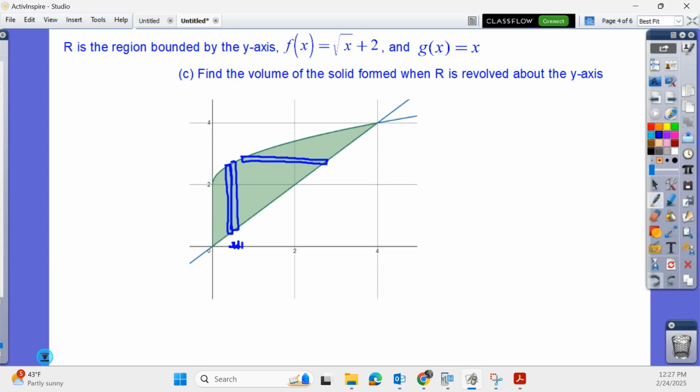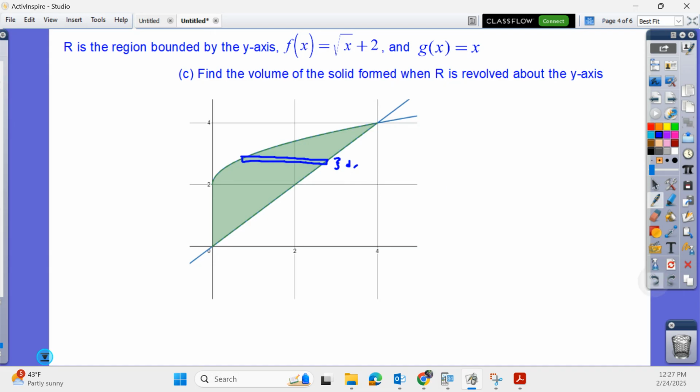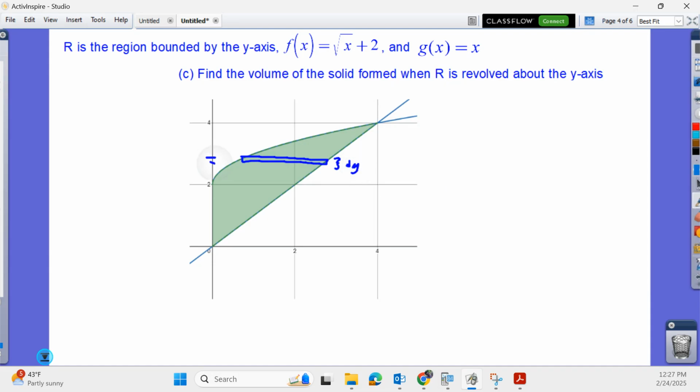Now what we're doing is thinking about it the other way. We're thinking about it sideways so that the width of these rectangles is a small change in, not x, in y. Okay, it's a change along the y-axis, this little width here, right?